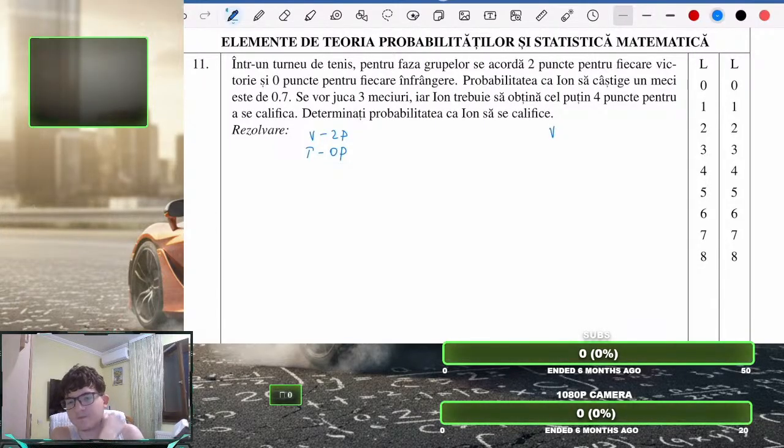And in the first circle, you basically just write down every probability.